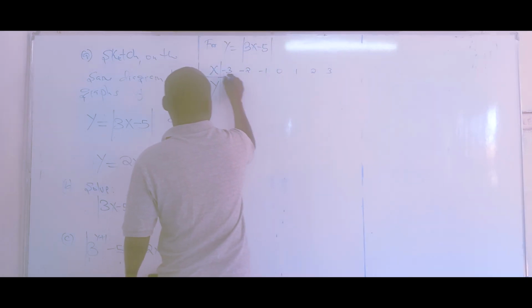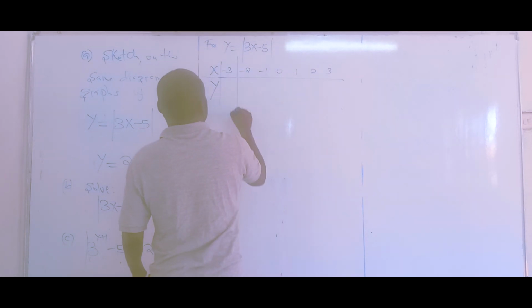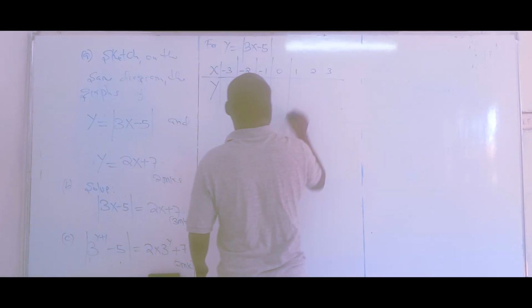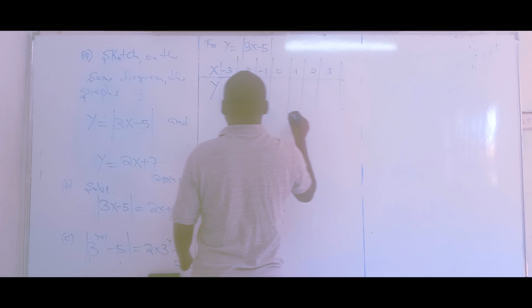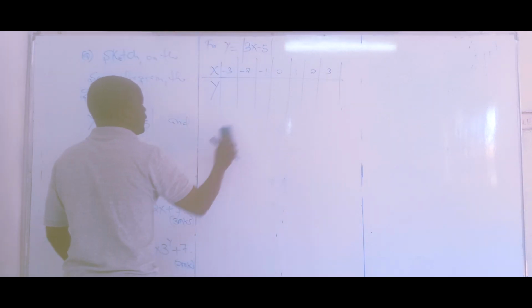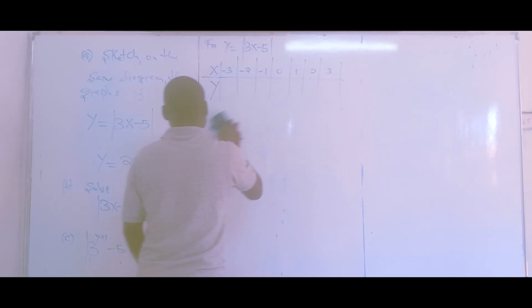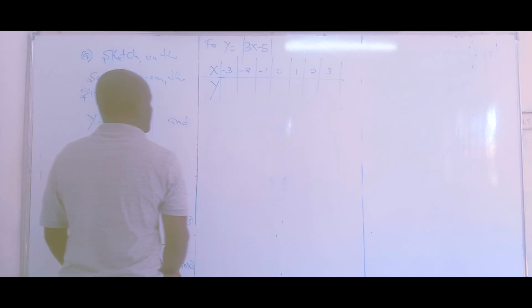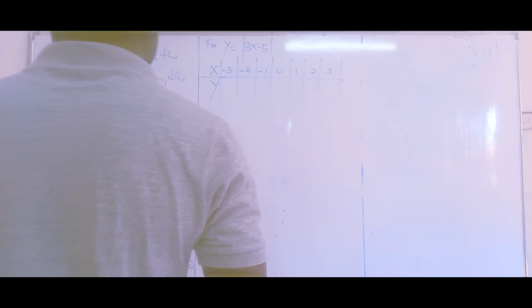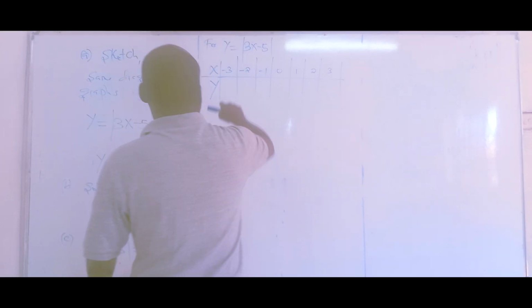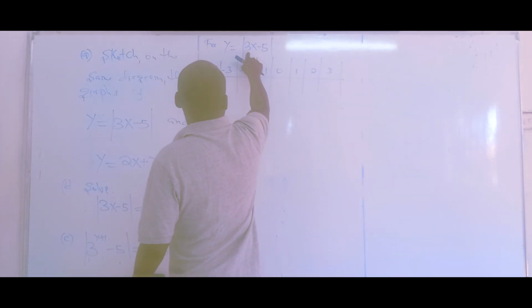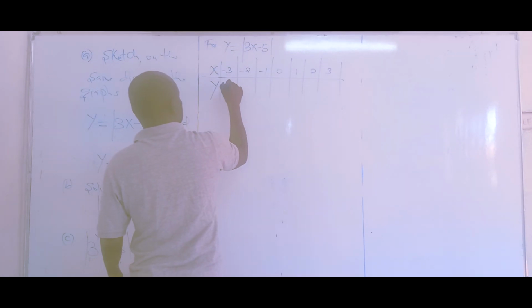I think that's more than enough for purposes of seeing how the curve moves. Yes, then we see when x is minus 3, we are expecting to have minus 9, minus 5. That gives us minus 14. But because of this condition, we put positive 14.